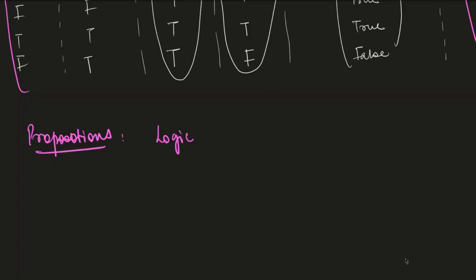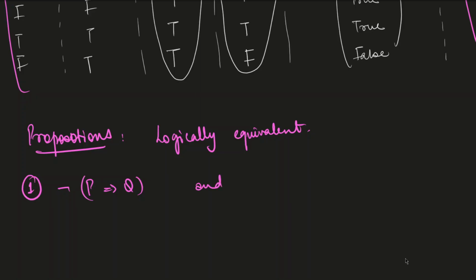And hence, there are some propositions that you can test out and see if they are logically equivalent, right? So what I want you to check first is the negation of P implies Q. This is a formula, and this is basically used everywhere, right? The negation of an implication is an AND statement.